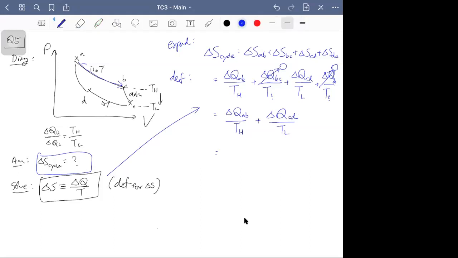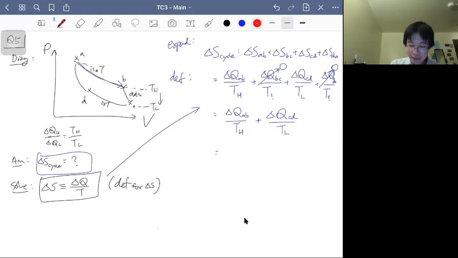Now you need to ask if the heat is entering the engine or leaving the engine. From here to here, the temperature is staying constant, but what is the volume doing? The volume is expanding. So are you adding heat to achieve this or removing heat? You're adding heat, right? In order to expand the volume.